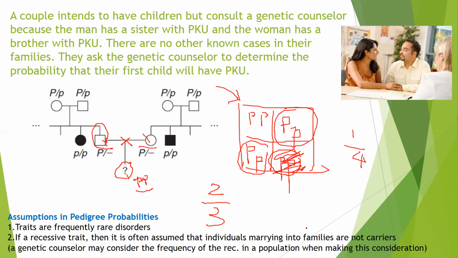That is true, because the presence of the capital P will determine the phenotype, the color of the flower, because the relationship between the capital P and the lowercase p is dominant and recessive. Even the presence of one big P will give you the same phenotype as the one carrying 2 copies of the big P.